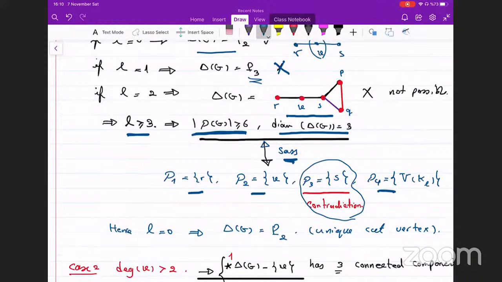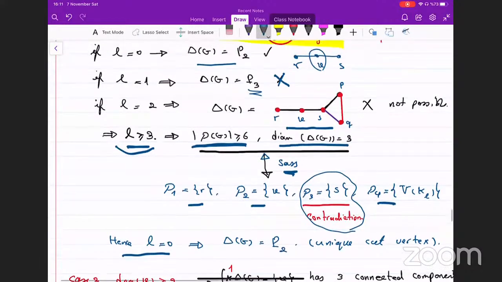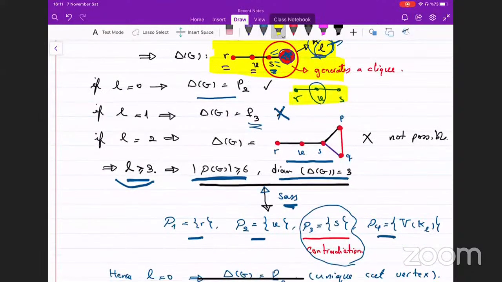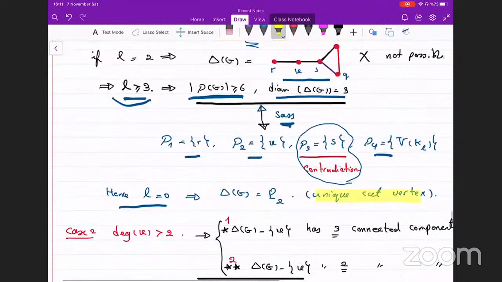What does it mean? The case that L is non-zero is not possible. So L must be 0. With L equal to 0, we obtain this part, a path of length 2. And it tells me that we have a unique cut vertex here, as we wanted.